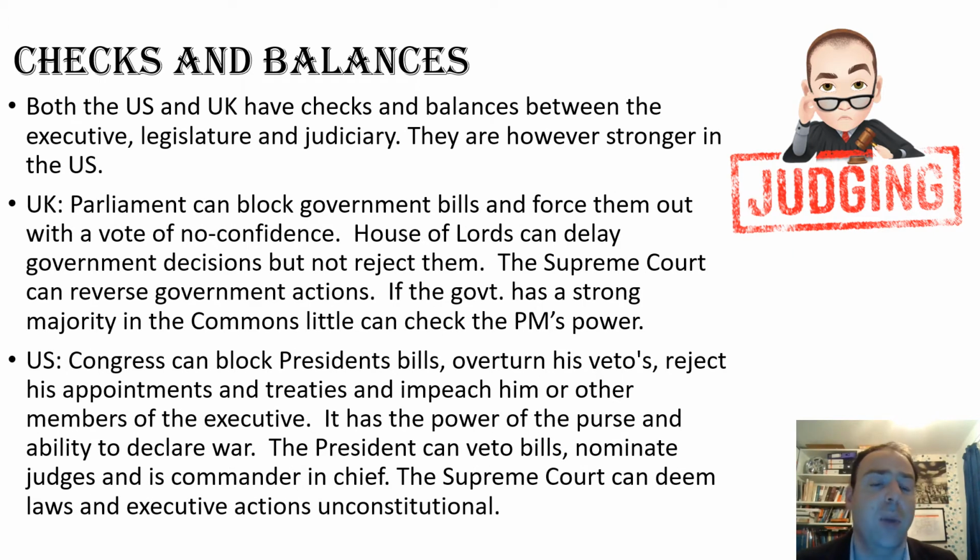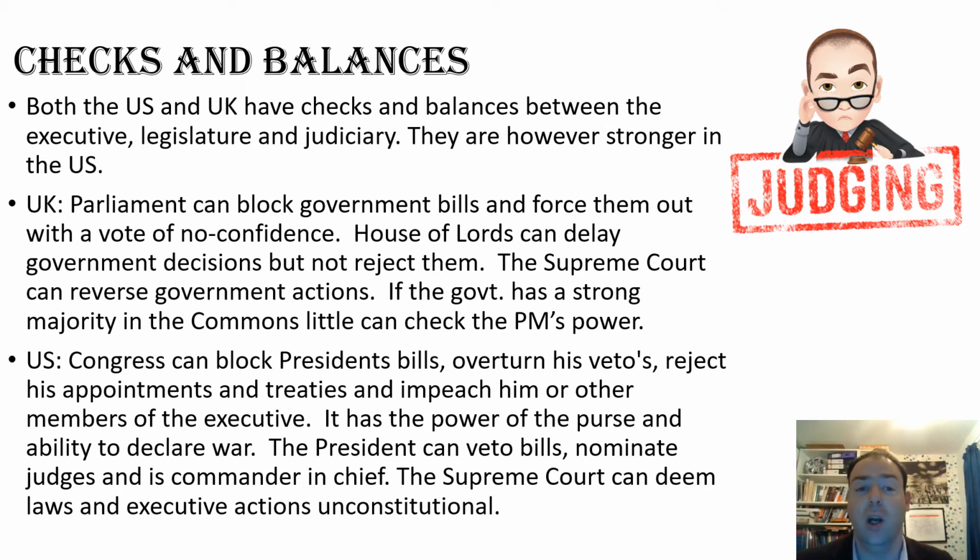In terms of checks and balances, both the US and the UK have them, so there's a degree of similarity in there. Again, the difference is on the degree of the strength of these checks and balances. In the UK, Parliament can block government bills. Just look back over the whole Brexit saga.